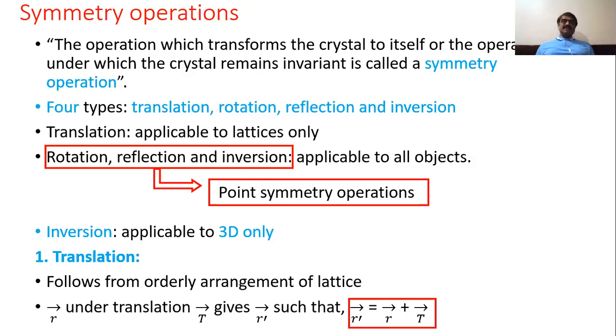So what is a symmetry operation in the case of a crystal structure? One important thing is that a symmetry operation keeps the object invariant. Invariant means unchanged. The symmetry operation is the operation which transforms the crystal into itself, or the operation under which the crystal remains invariant.